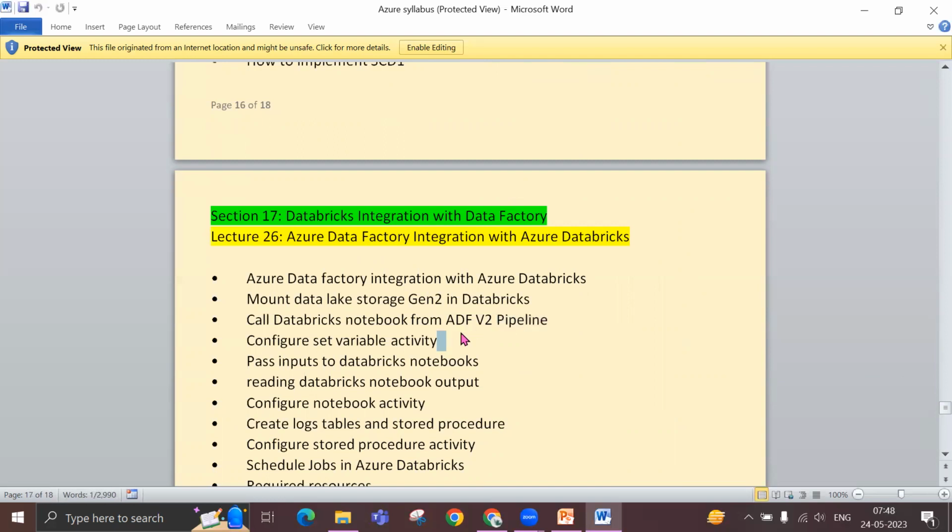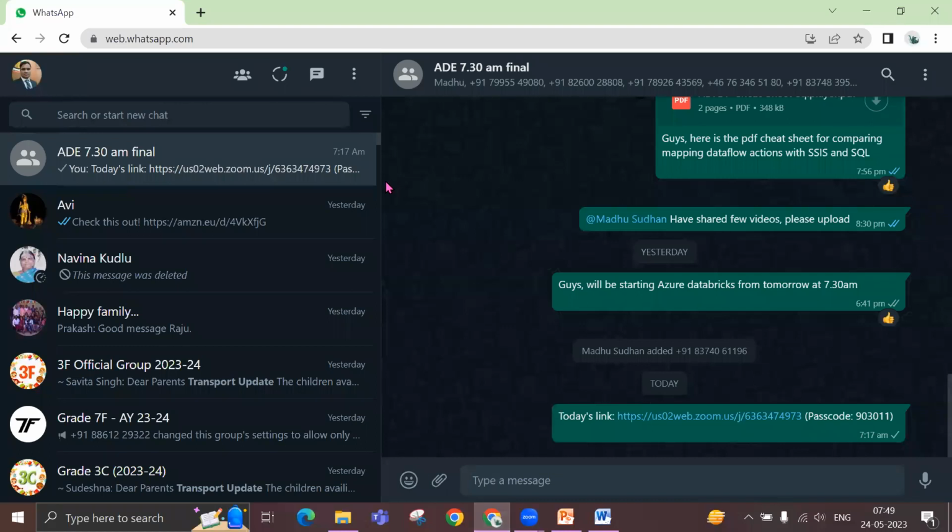Now, normally what happens is, let me open the portal.